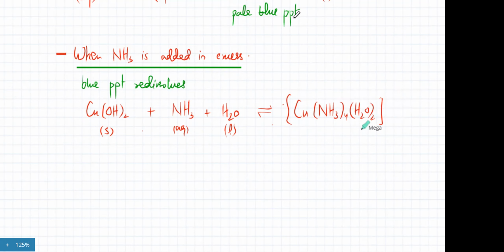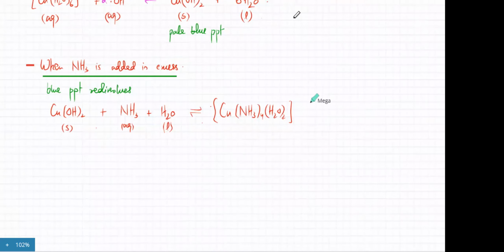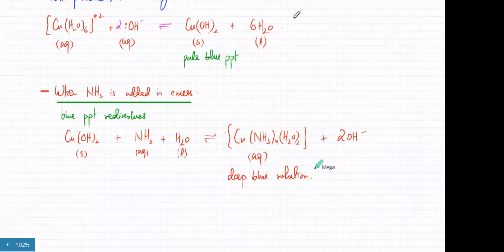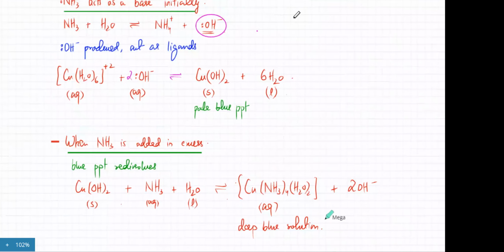The total should be 6 ligands. So that would give you your deep blue solution, and the OH ions will be replaced. So that is your aqueous, dark blue or deep blue solution. So the copper hydroxide redissolves, the pale blue precipitate redissolves.